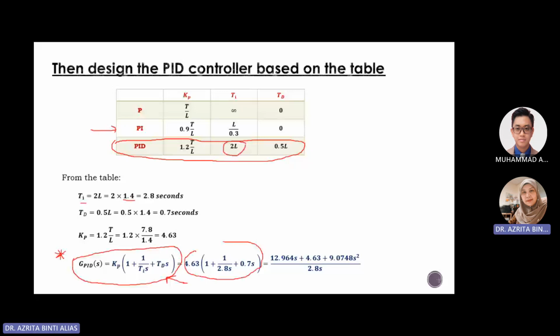Okay, so that's all for your theoretical. But sometimes in theoretical, you need to design the values of K1, K2 and K3. K1 refers to the proportional gain, K2 is our integral gain, and K3 is our derivative gain.